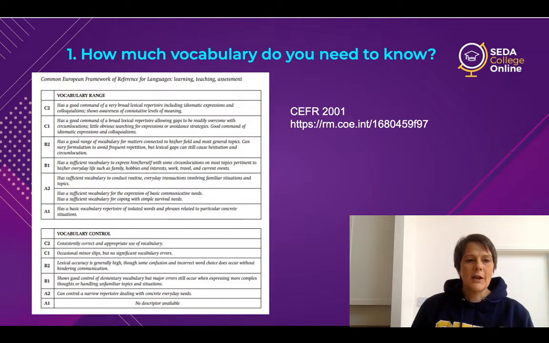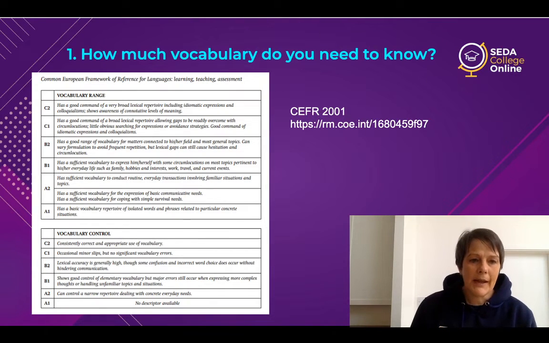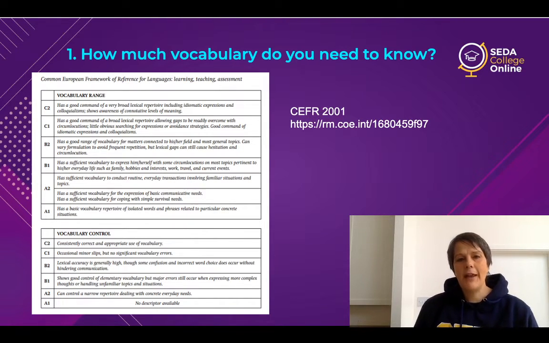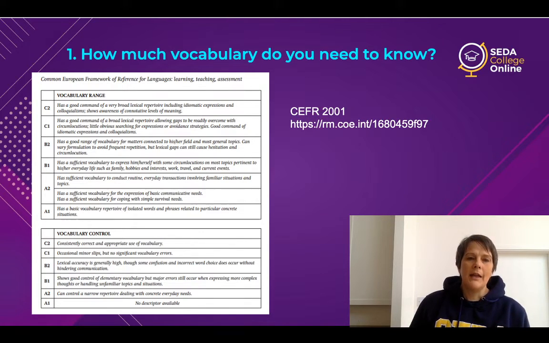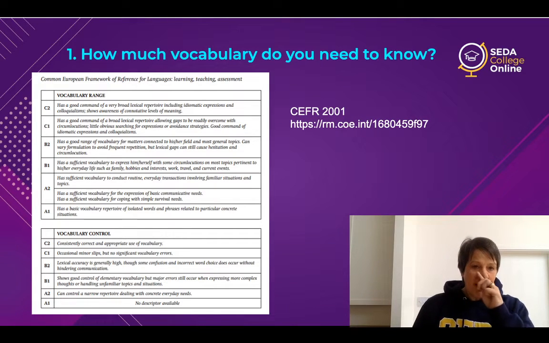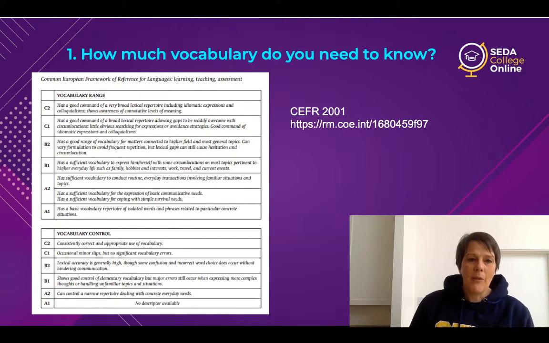If you start on A1 on the vocabulary range, basically you just have isolated words and phrases. That means you can say, good morning, how are you? I'm fine, thank you. And that's about it. Maybe you can say, how much is that? And maybe you can say to the taxi, take me home, and give your address. But that's only A1.